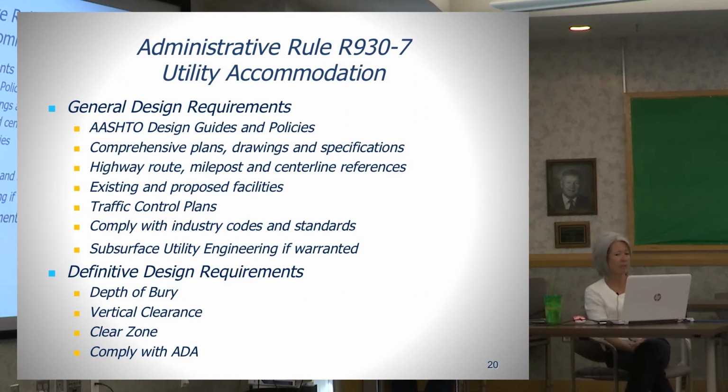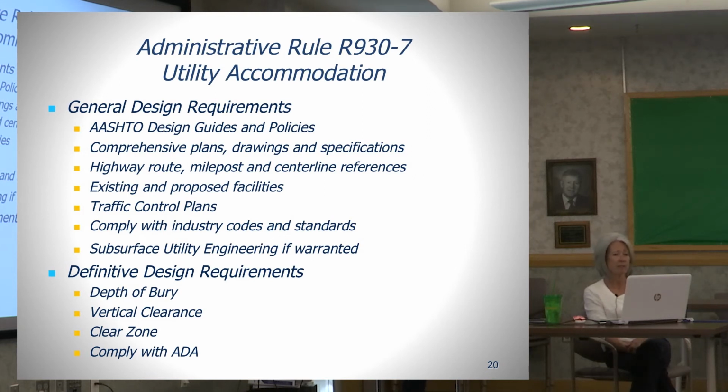They have to show existing and proposed facilities, provide traffic control plans, comply with their own industry standards and codes, and UDOT may require subsurface utility engineering to be performed by utility companies if it's warranted in an individual situation.